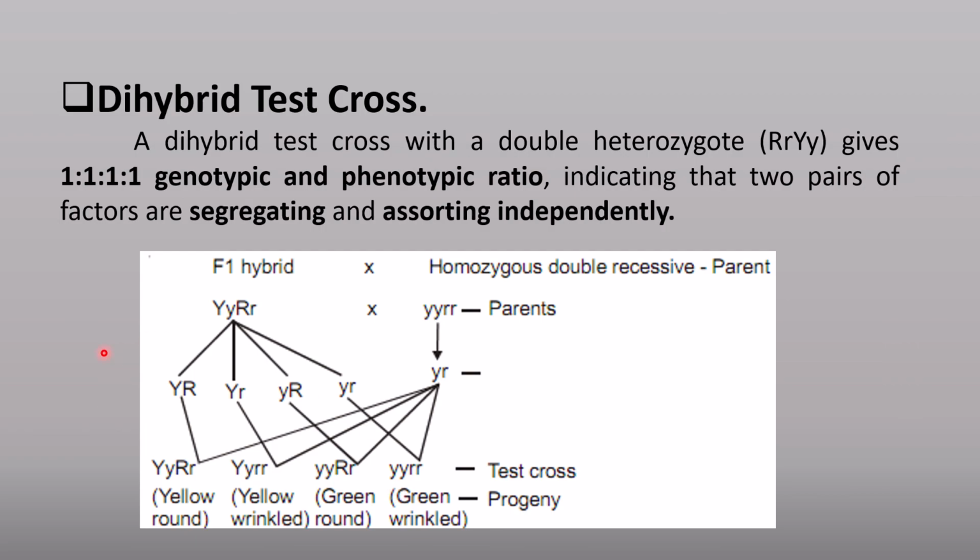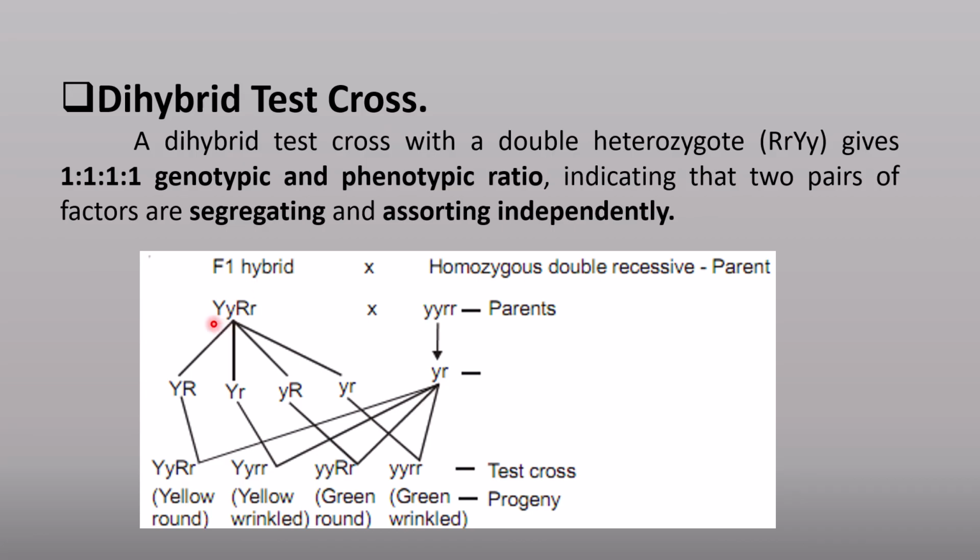And coming to the dihybrid test cross. So in a dihybrid test cross, the F1 dihybrid is crossed back with the homozygous double recessive parent. This is again to find out the genotype of the offspring.